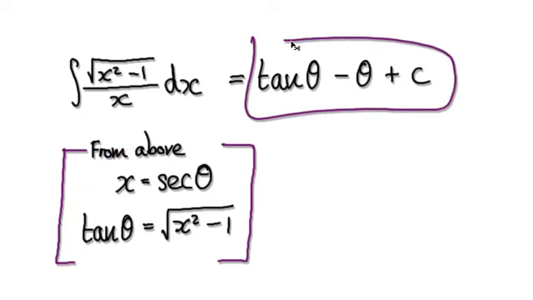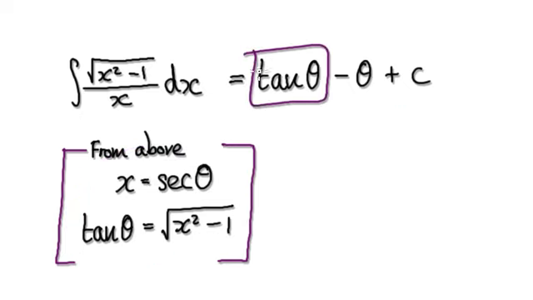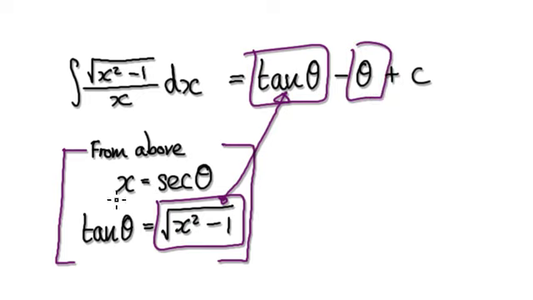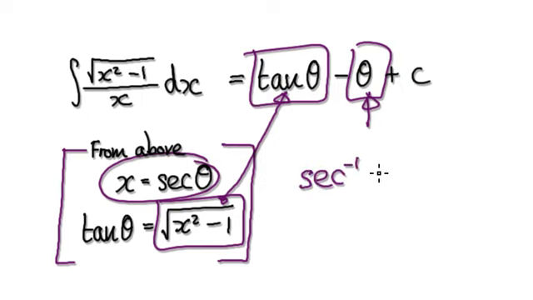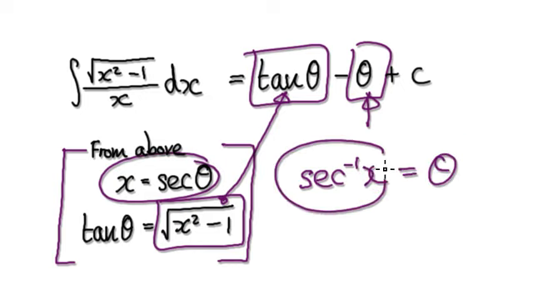So once we're here, tan theta equals this thing here, so we can put it into here. And then this theta, we want it in terms of x. So looking at this, if you take the inverse secant of both sides, theta equals this thing here.